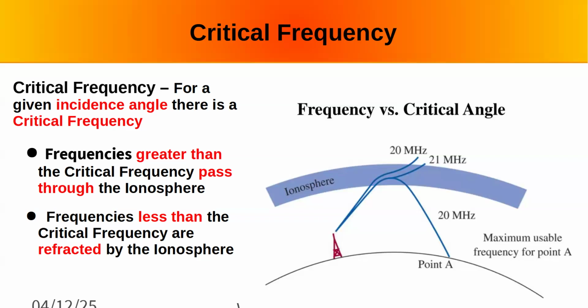If you remove that top 20 megahertz line, and then you deal with the critical frequency showing that at this takeoff angle for the lower line only going out from the tower, 21 megahertz is not hitting critical angle, so it's going to go through. 20 will. The other 20 is showing what happens if you exceed the critical angle.